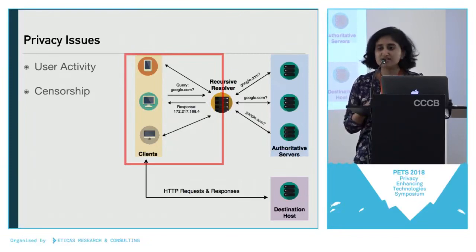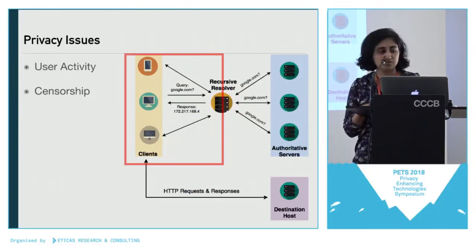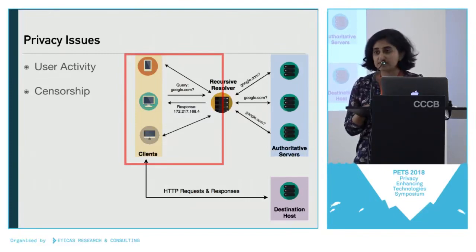This gives eavesdroppers an extra channel, in addition to the link between the clients and the destination host, on which they can learn more about the activities performed by a client or an end user, such as the browsing history. Another thing is that DNS is used to implement censorship. Parties such as ISPs can look at DNS queries that are performed by clients and can censor based on the queries as well.